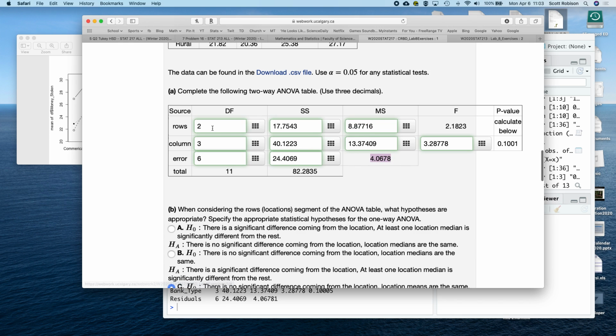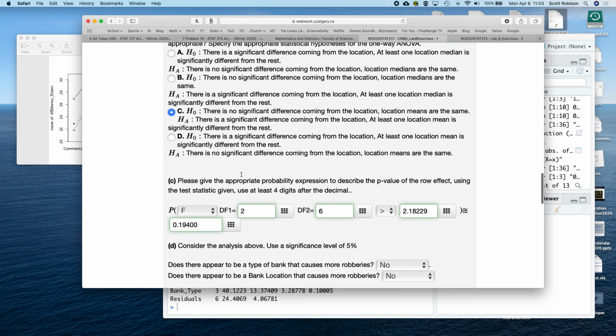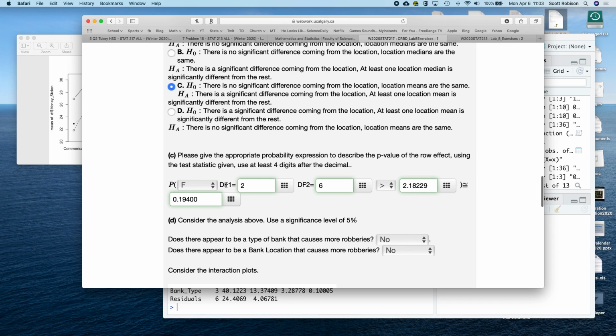So the degrees of freedom in the numerator is 2, and in the denominator it's 6. So here the F distribution has 2 degrees of freedom in the numerator and 6 degrees of freedom in the denominator.